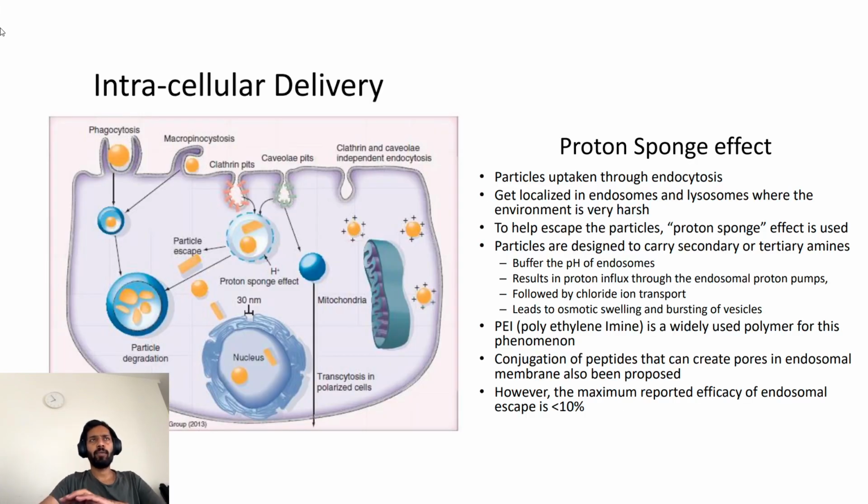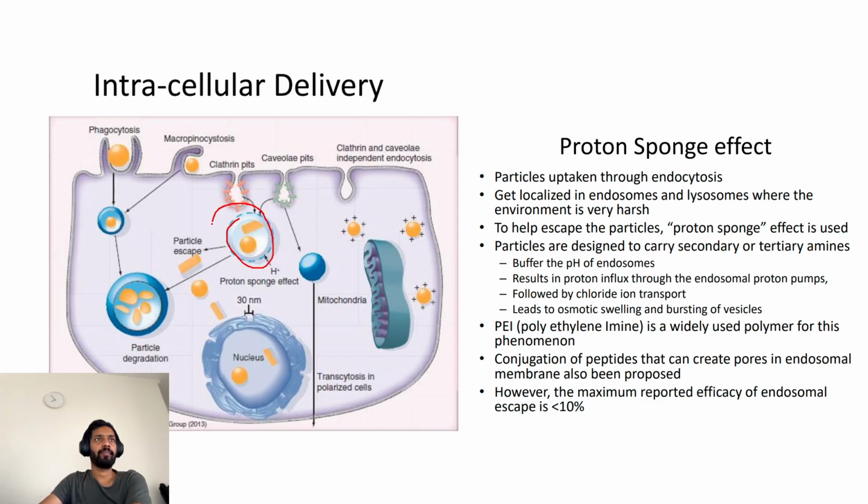So we've looked at what proton sponge effect is. Essentially, when you're trying to do intracellular delivery, especially to phagocytic or endocytic cells, whatever particle you're trying to deliver gets phagocytosed or endocytosed by the cell, and it'll end up in the endosome.